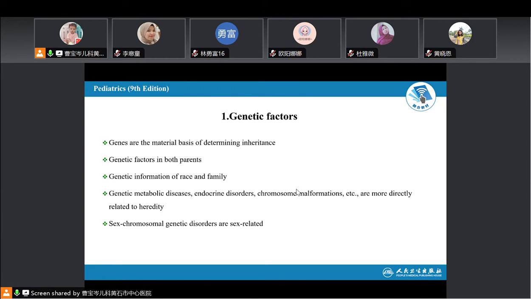Genetic factors come from both parents, and genetic information includes race and family. Genetic metabolic diseases, endocrine disorders, and some malformations are more directly related to heredity. Sex chromosomal genetic disorders are sex-related.